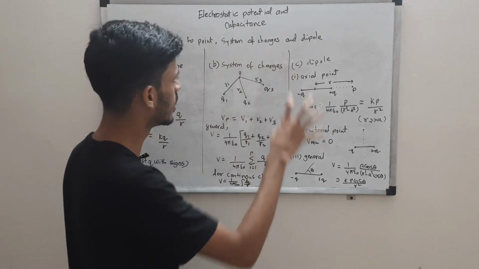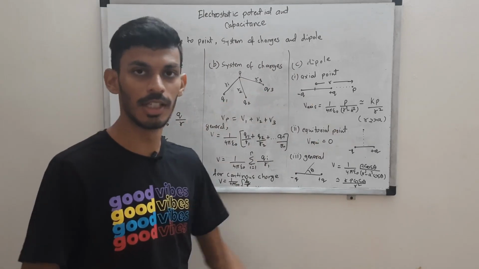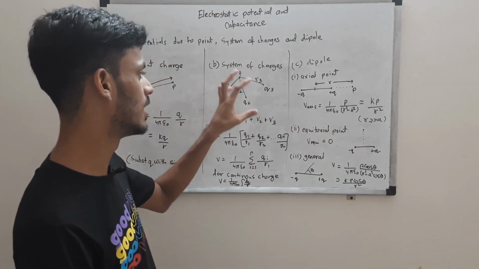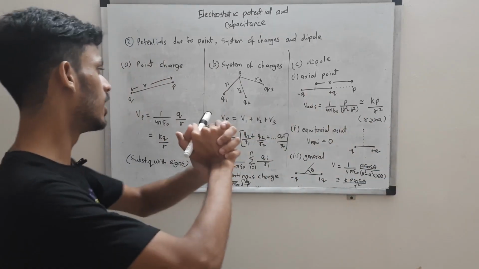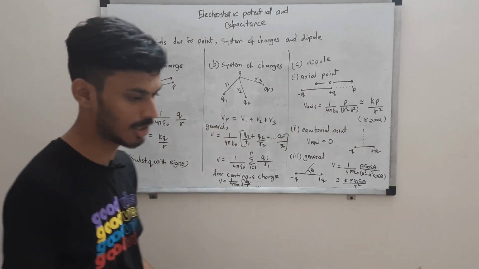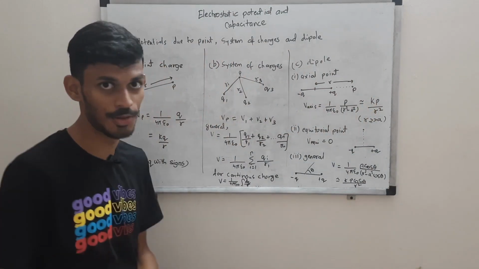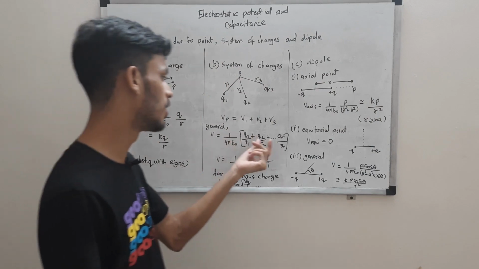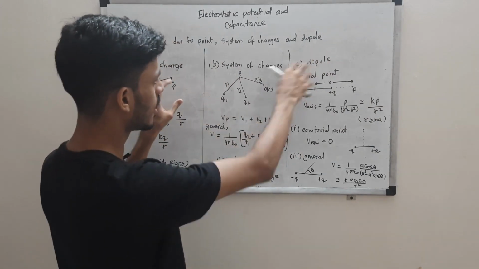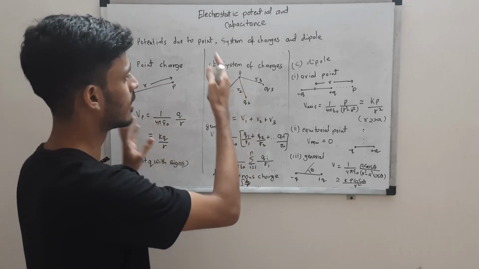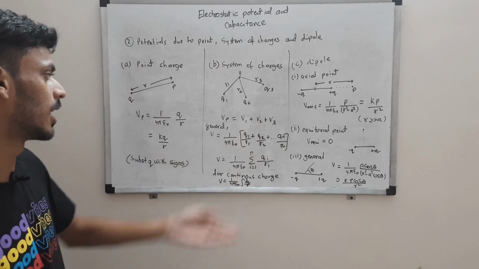Let's come to system of charges. If you have different point charges q1, q2, q3 in space, and you want to find the resultant potential at the point p due to all these charges, you'll have to sum the individual potentials. No superposition theorem over here, you basically sum it with the signs. In general, if you have n charges at distances r1, r2, r3, up till rn, you can write the potential in this form.